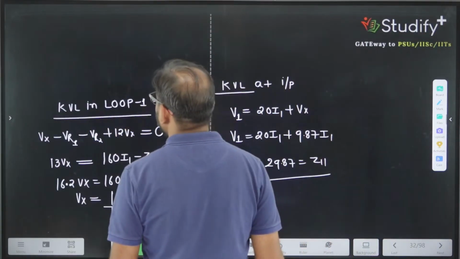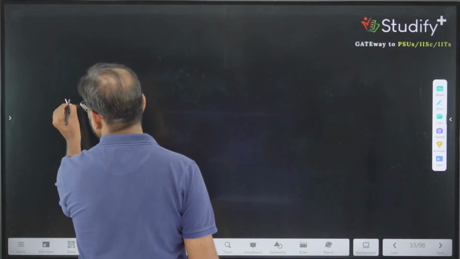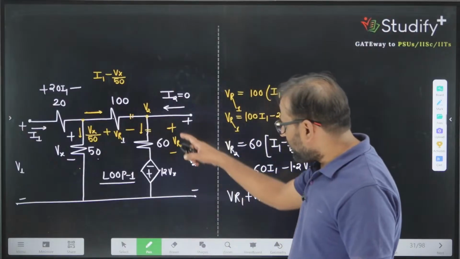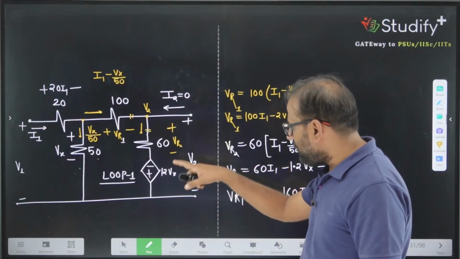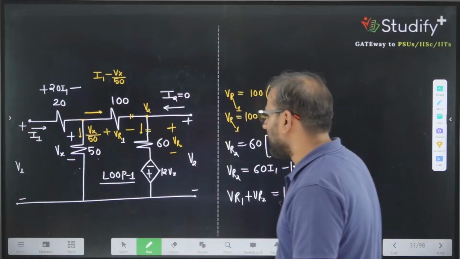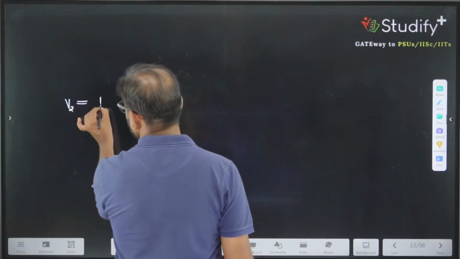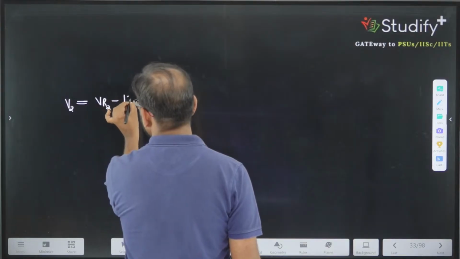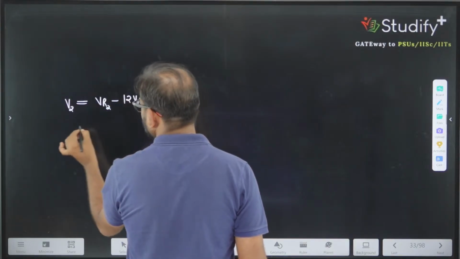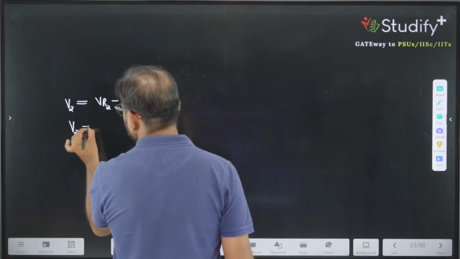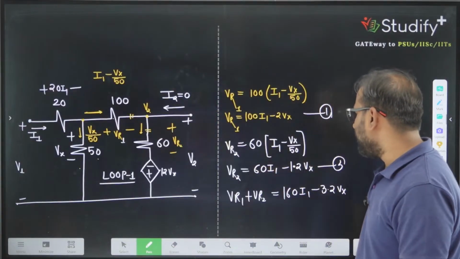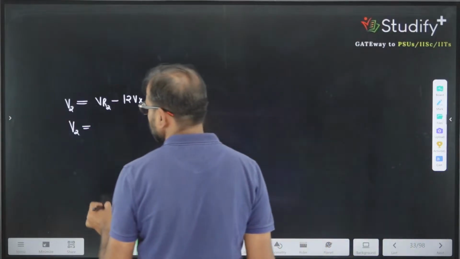From our question, V2 is VR2 minus 12 Vx.